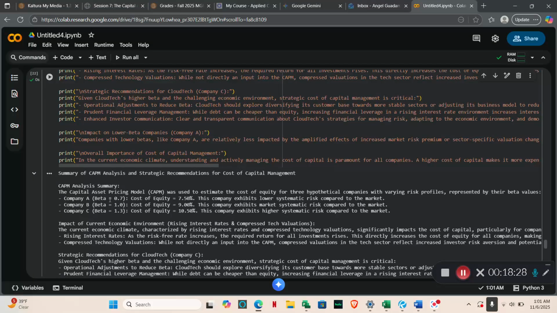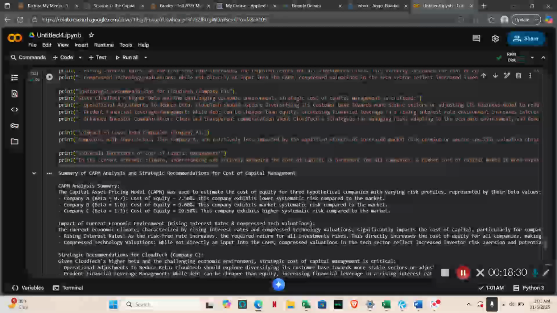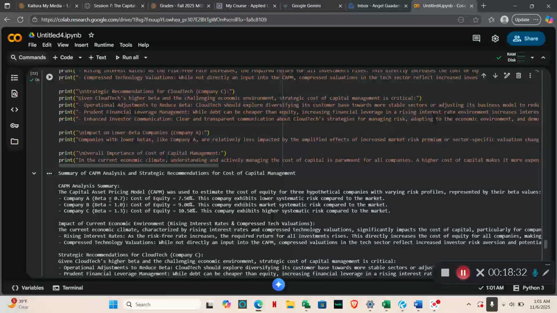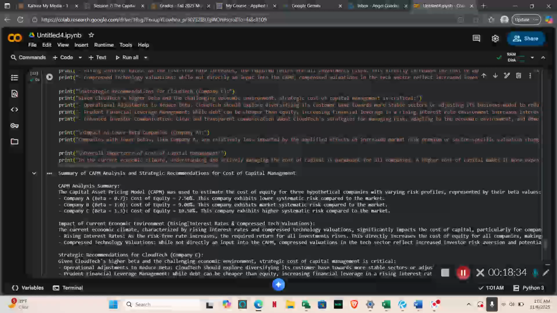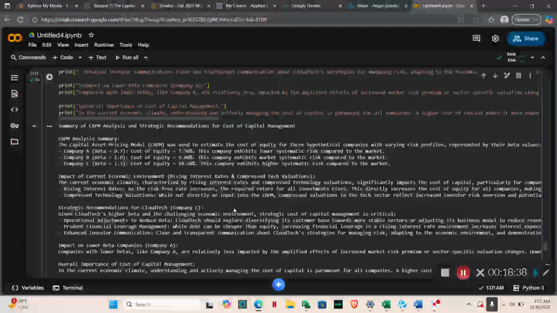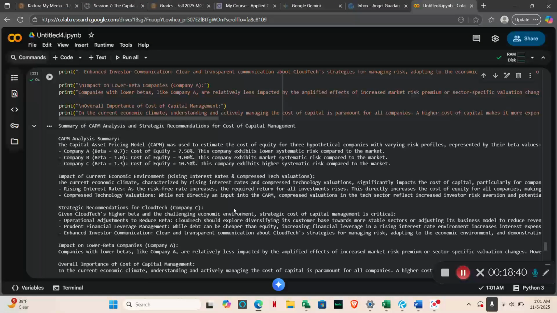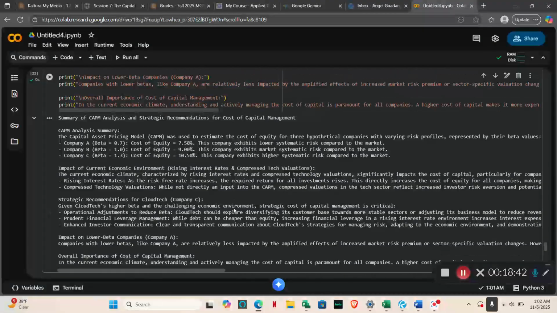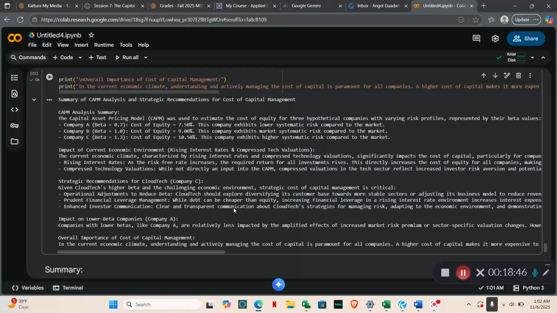To summarize our findings and recommendations, we have the beta of all three companies, the cost of equity, a little description behind it, the impacts of the current economic environment, and strategic recommendations. For C, given its higher beta and the challenging economic environment, strategic cost of capital management is critical.